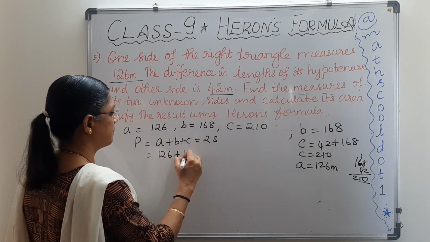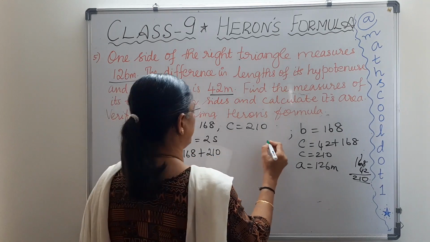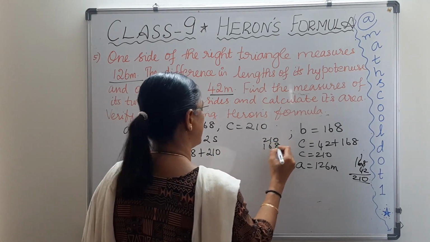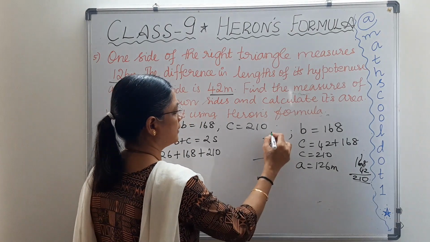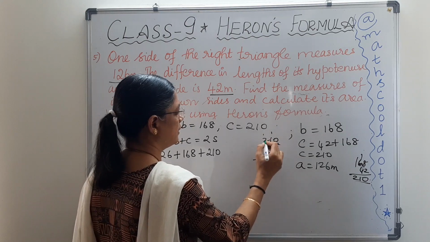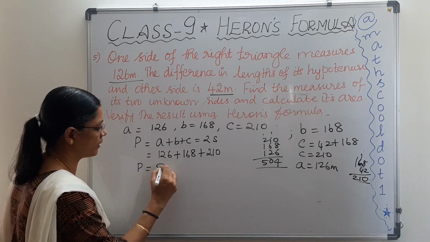So 126 plus 168 plus 210. So what is it? 210, 168 and 126. So 14, carry 1, 7, 8, 10, 3, 4, 5, 504. So P perimeter is equal to 504.